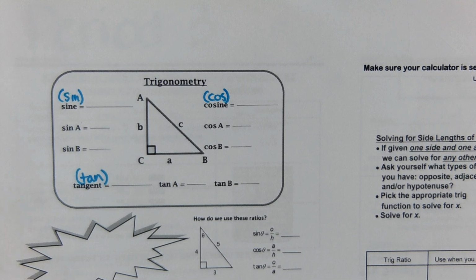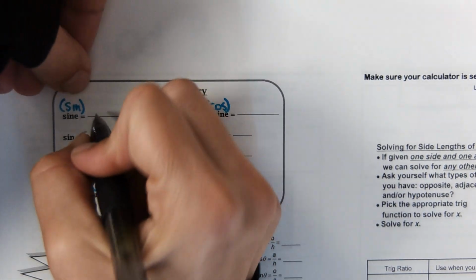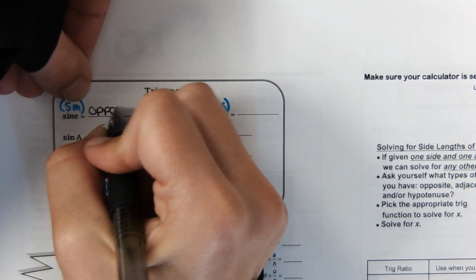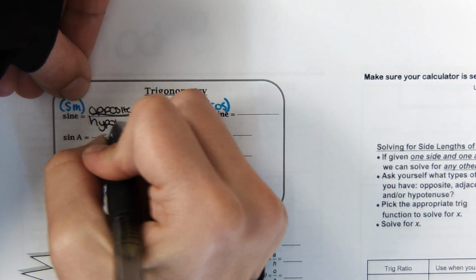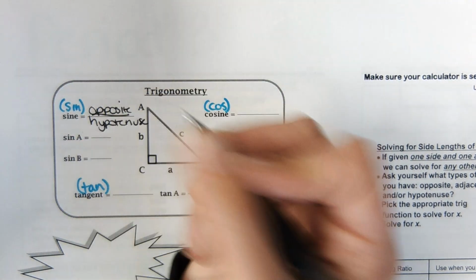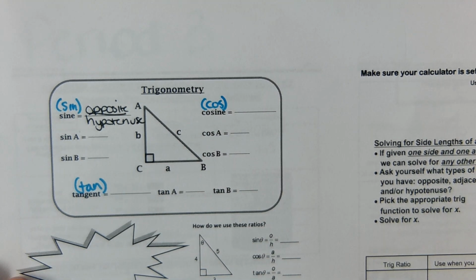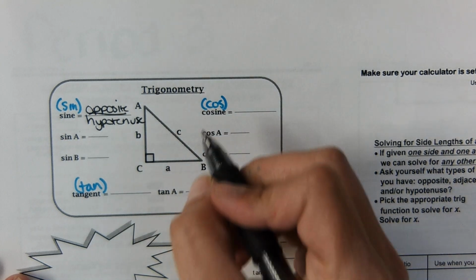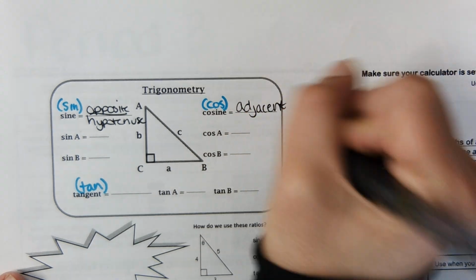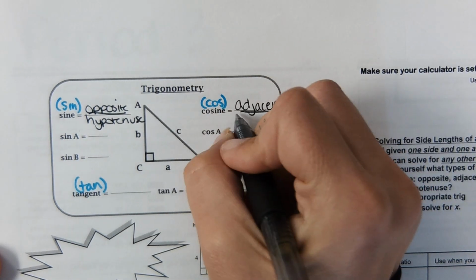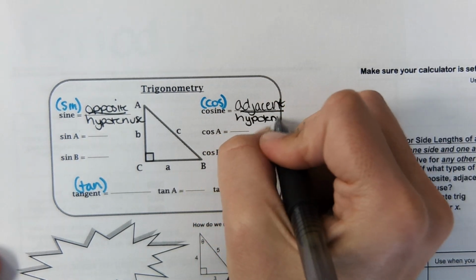Okay, and sine is the ratio of the opposite side over the hypotenuse. Cosine is adjacent over hypotenuse.